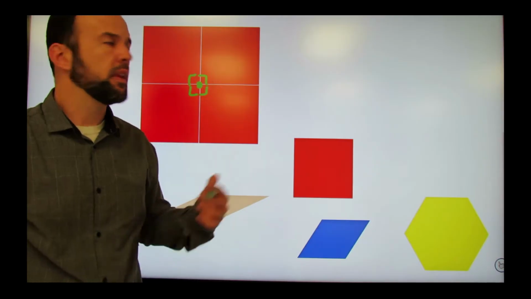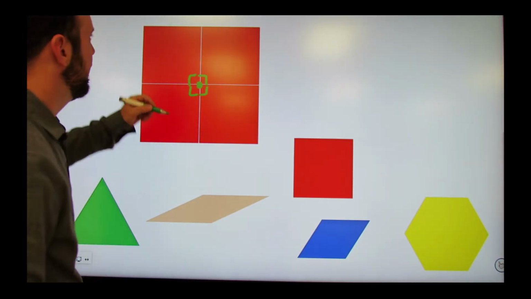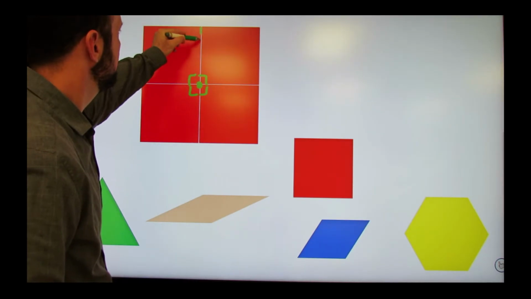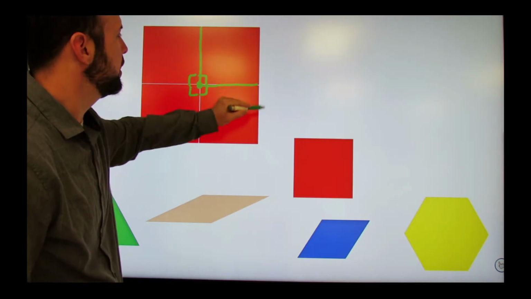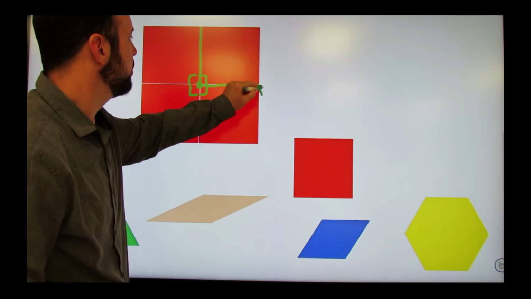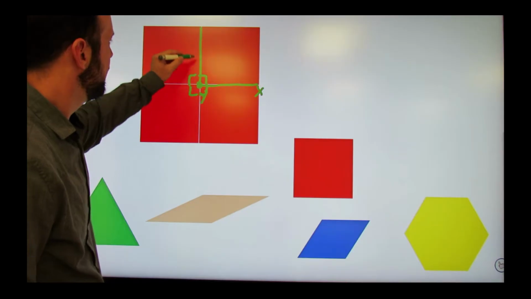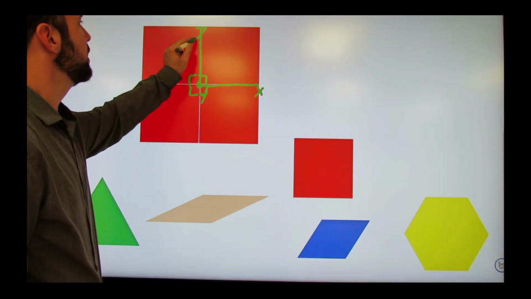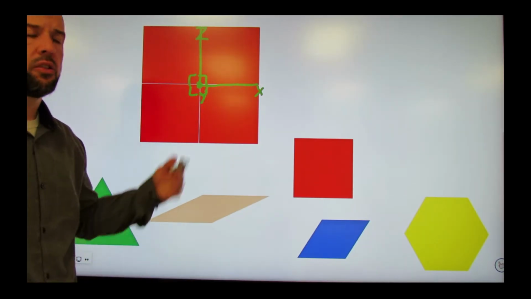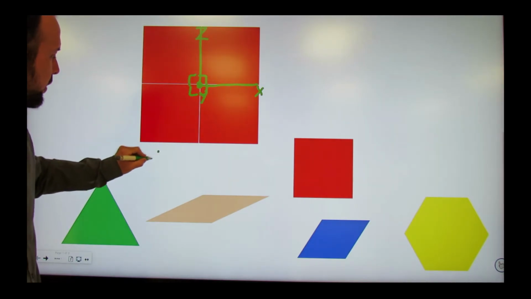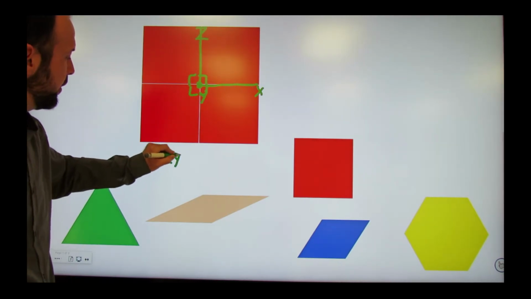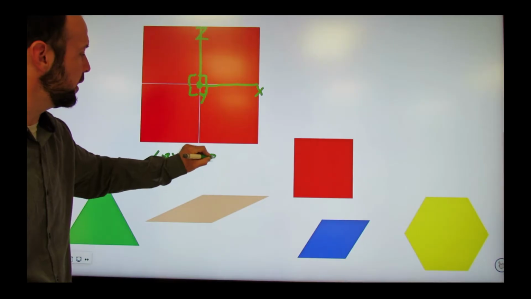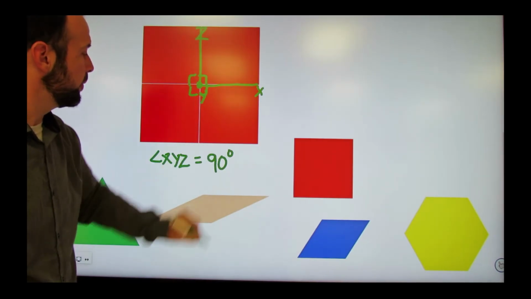If I wanted to look at one of those right angles, I can trace in here and label it X, Y, Z. The angle X, Y, Z equals 90 degrees.